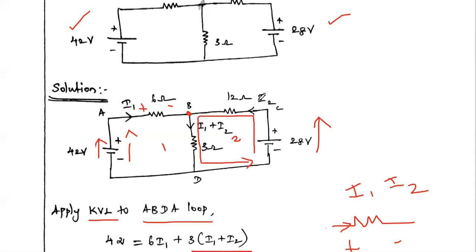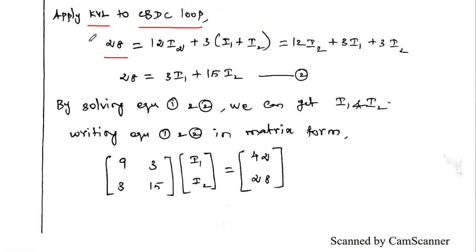Since current flows in the resistor, the voltage is dropped across it, with the value 12 into I2. Similarly, the 3 ohm resistor carries the current I1 plus I2. So we can write 28 equal to 12 into I2 plus 3 into (I1 plus I2).